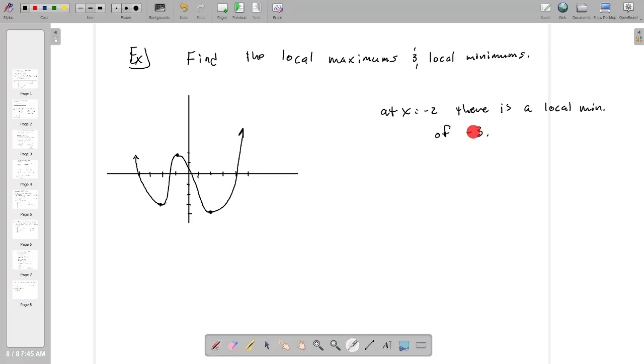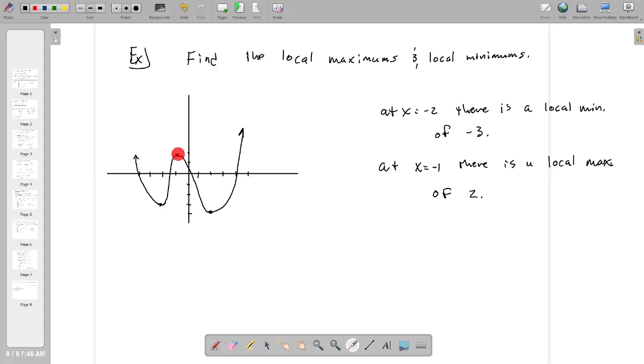Now you might ask yourself where I got this -3. It comes from the corresponding y value. So at x equals -2, we have a y value of -3. So -3 is the actual value of the minimum, and that minimum occurs at the location x equals -2. At x equals -1, there's a local maximum of 2.